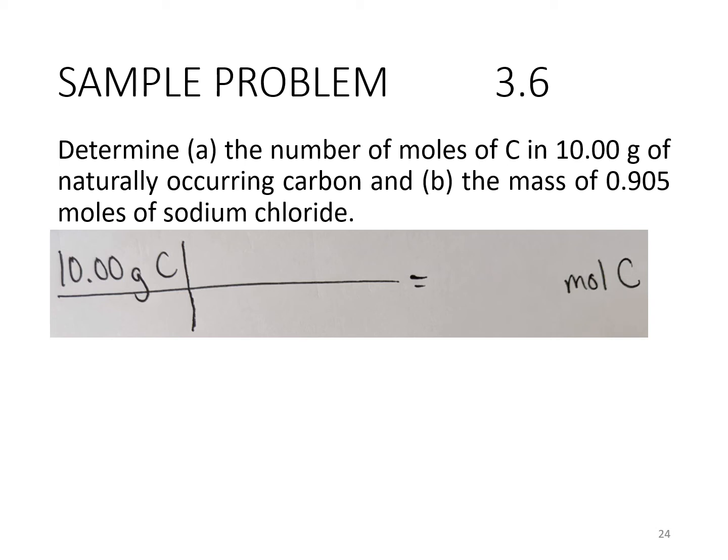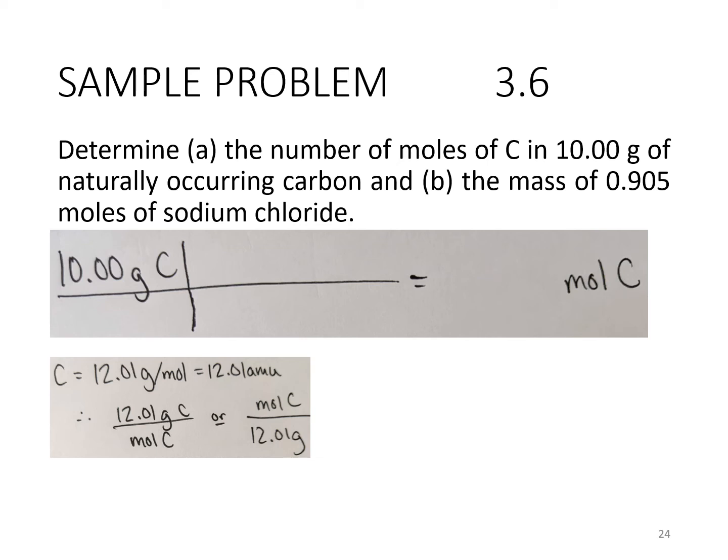Again, this is naturally occurring carbon, so we can use the periodic table. It's not a specific isotope of carbon like carbon-12. Recall carbon-12 was exactly 12 grams of carbon per mole. For naturally occurring carbon, we use the atomic mass on the periodic table. So we could look that up and see that that's 12.01 atomic mass units, which means 12.01 grams per mole.